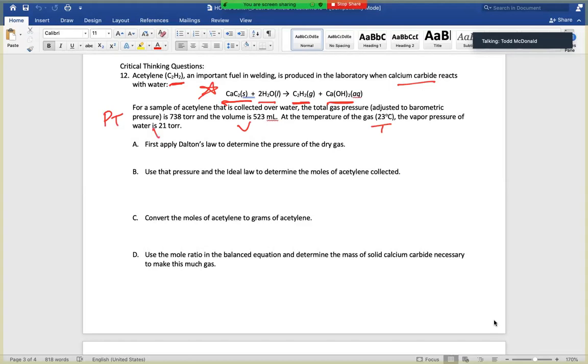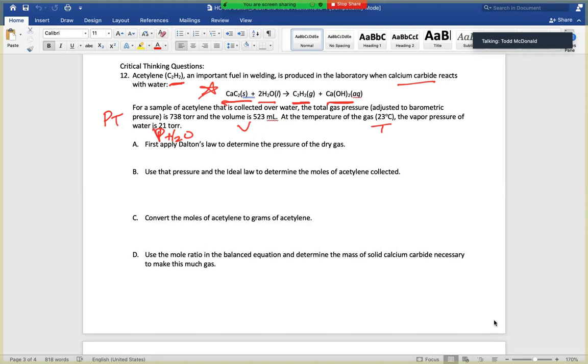The vapor pressure of water is 21 torr. So this is always going to have to either be given or a chart that you read based on the temperature of the water, okay? So it's just like the picture we saw up above. We're bubbling acetylene into an upside down test tube or graduated cylinder, and we take that reading of 523 milliliters.